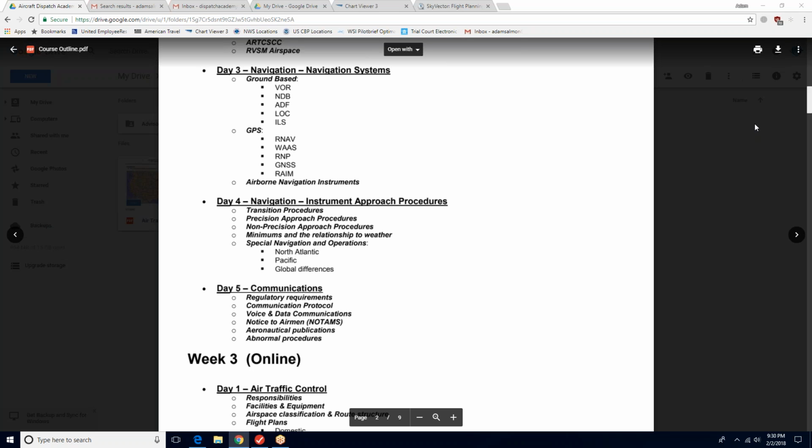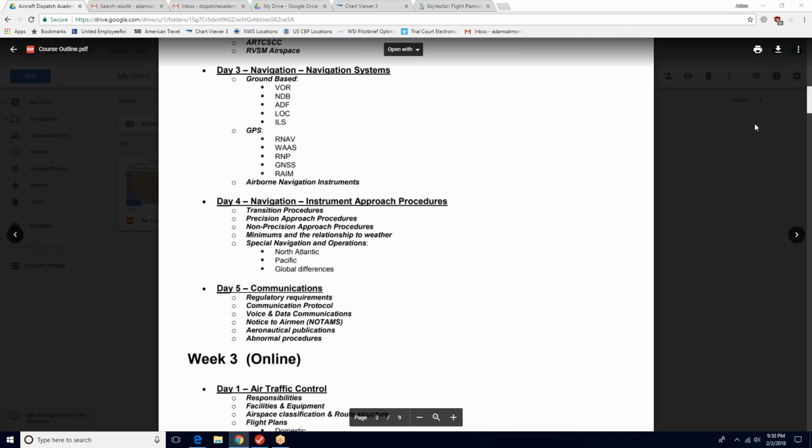Sweet. Need to be able to name 3 different types of non-precision approaches. I can't write as fast as everyone's talking.